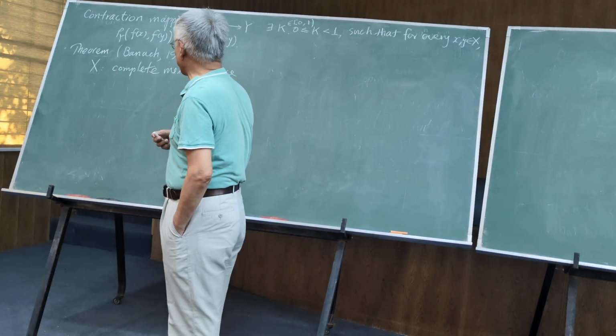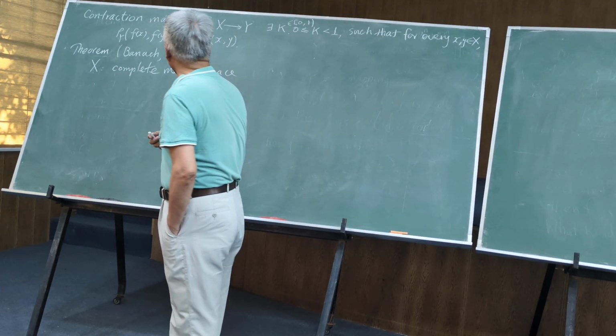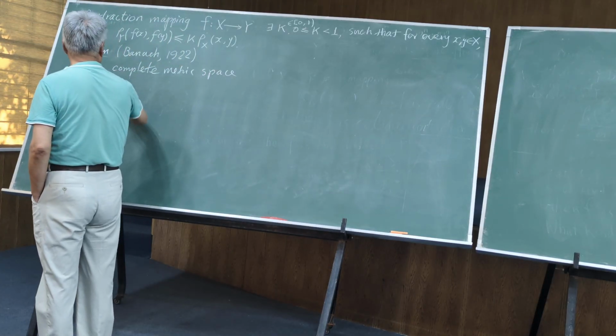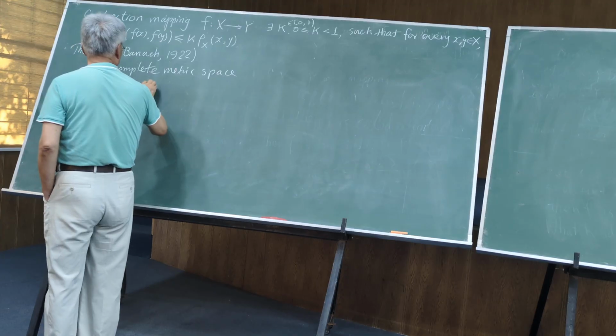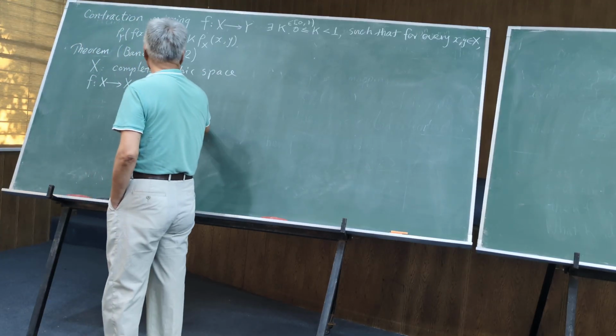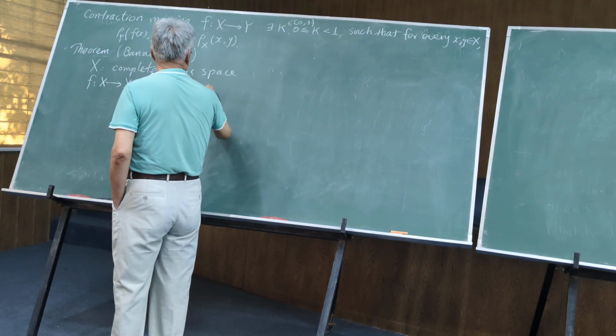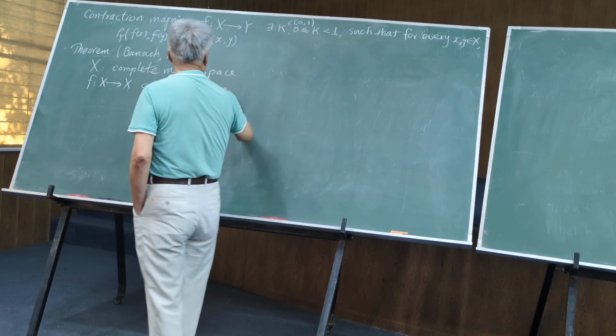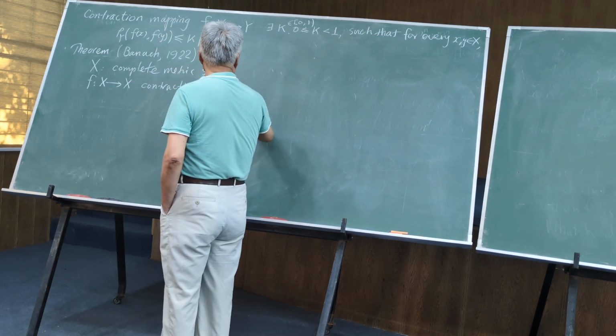You have to watch out when we're doing it. And f is a contraction mapping. These are the contraction mapping definitions here. Two premises.